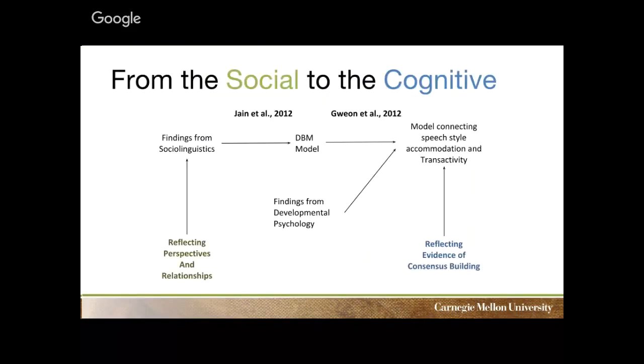Now, because we had this hypothesis about the connection between cognitive and social factors, we hypothesized that this one feature from an unsupervised model, unsupervised except for the insights built into the structure of the network from the theories that came from sociolinguistics, would significantly correlate with the prevalence of transactive contributions.